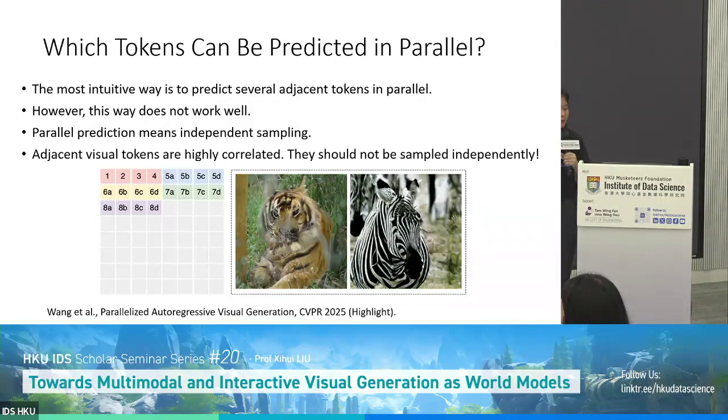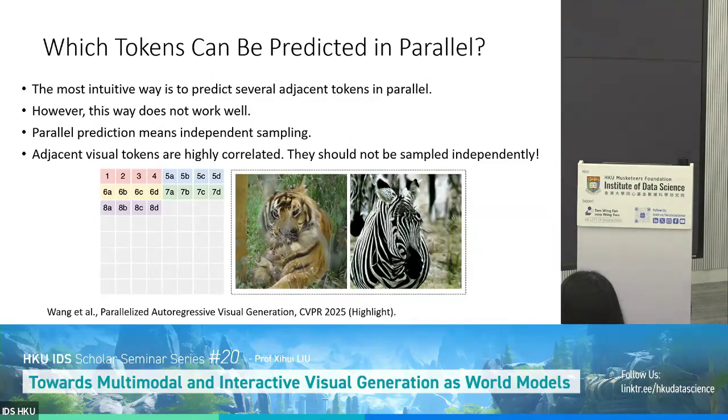This independent sampling can cause very high inconsistency between the nearby tokens. And in images, we know that adjacent nearby tokens are always highly correlated. This is why we think nearby tokens should not be sampled independently.